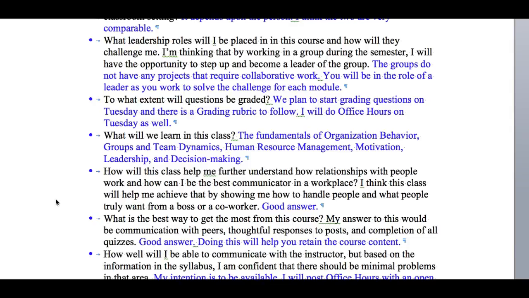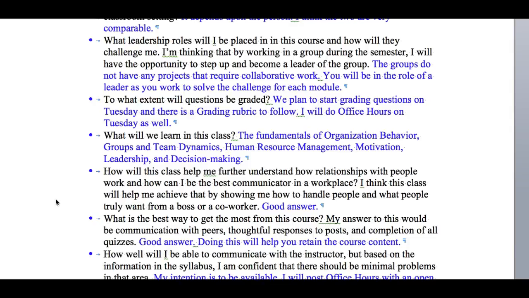All right, what leadership roles will I be placed in this course, and how will they challenge me? I'm thinking by working in a group during the semester, I'll have the opportunity to step up and become a leader of the group. Well, we don't have any group projects that require collaborative work, so most students like that. You're going to be in the role of a leader, though, as you work to solve the challenge for each module.